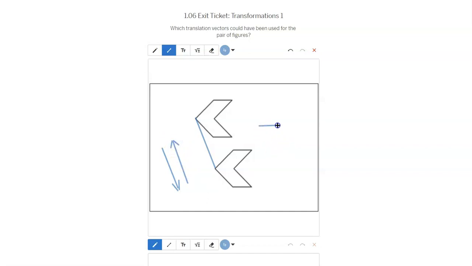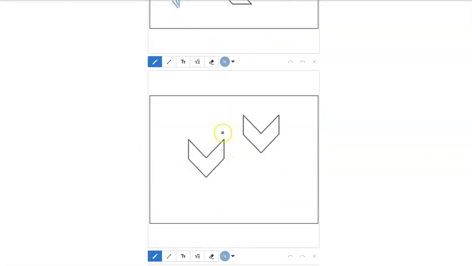If you see something like this or this, you will notice that that will not work. Here's another example.